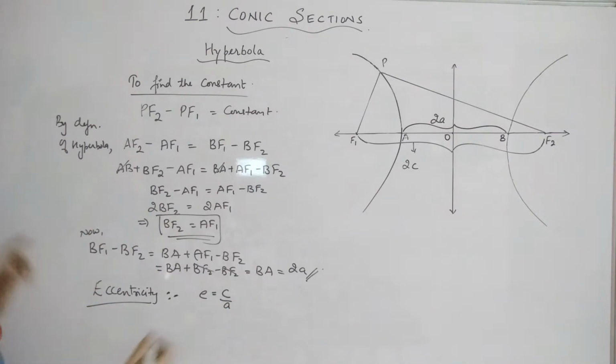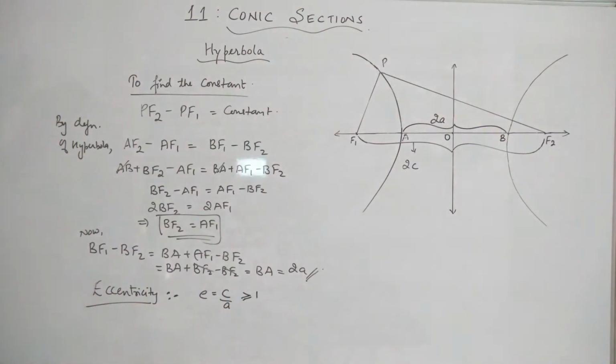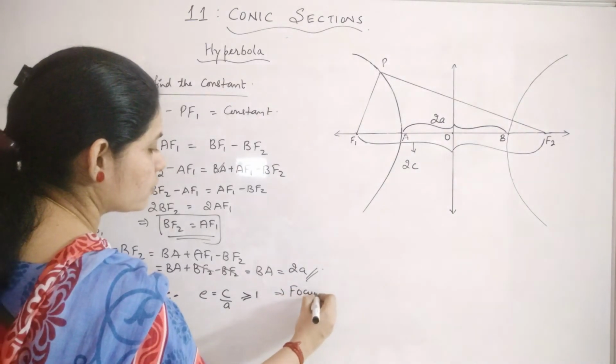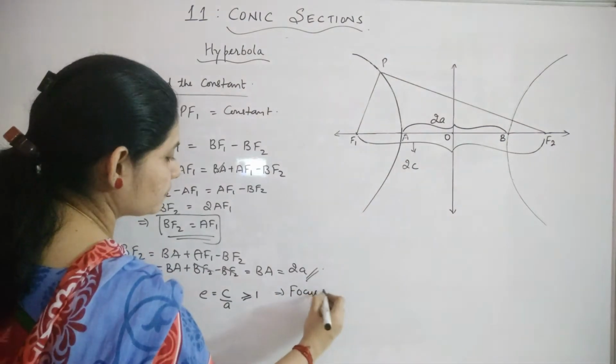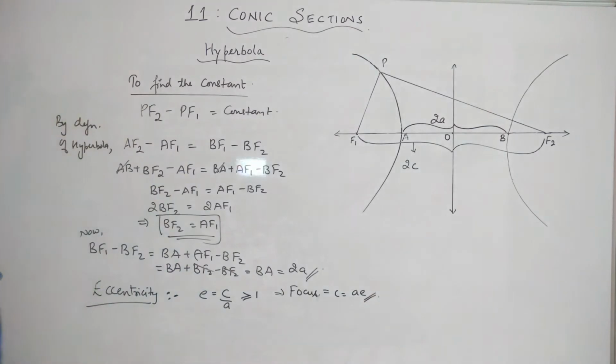So the eccentricity will always be greater than or equal to 1, but in the case of ellipse it was less than or equal to 1. So for hyperbola, e is equal to c by a, which is always greater than or equal to 1. Now if the eccentricity is given, how will you find the focus? c will be ae, and this is the same case as in ellipse.